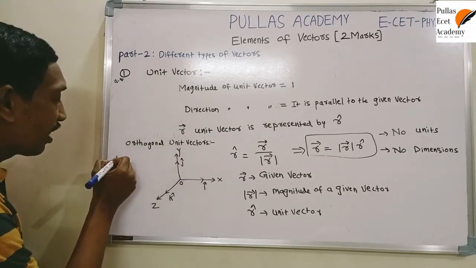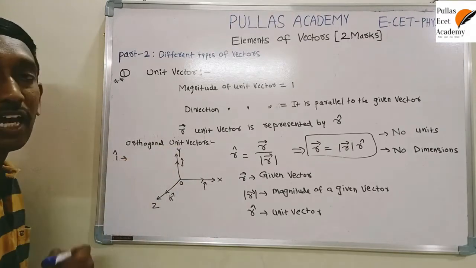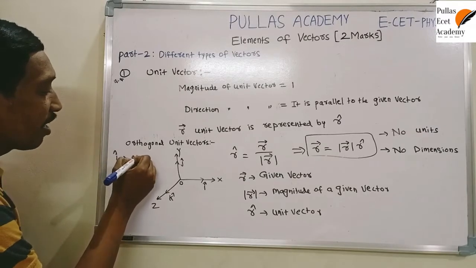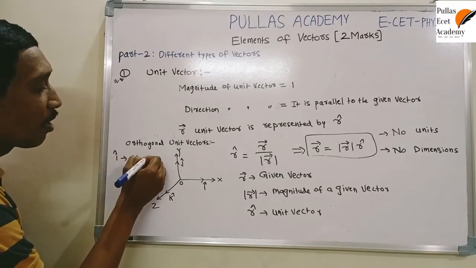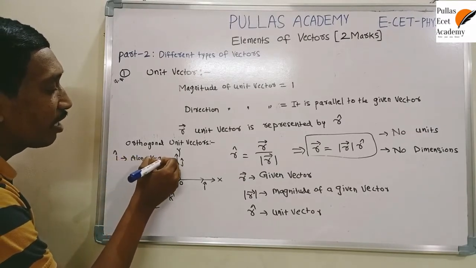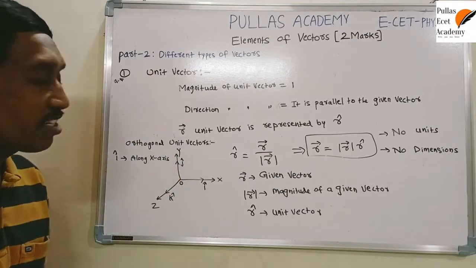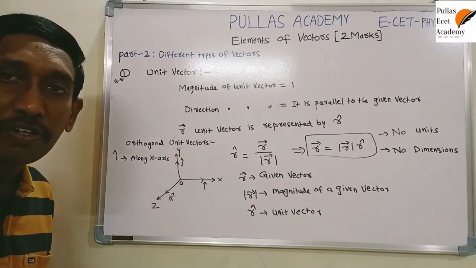That means i cap stands along the x-axis. Simply, what is the direction of i cap? Along the x-axis. Any vector passing along the x-axis is represented by the i cap unit vector.